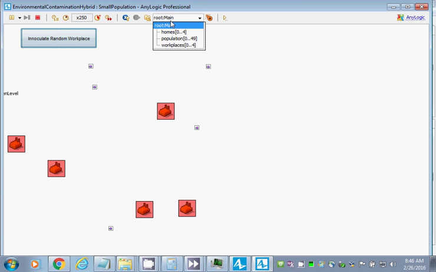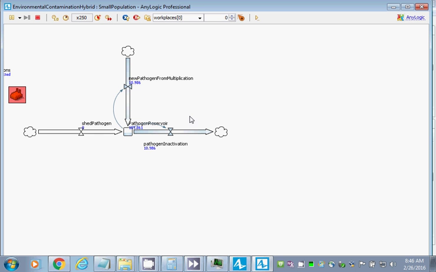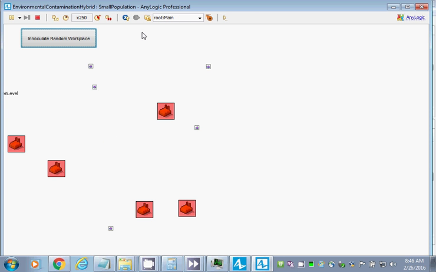And we could use different rates of pathogen multiplication within a facility or at a certain location, as might be governed by environmental conditions like humidity and temperature, to shape the evolution of these pathogen reservoirs at different locations. This model had a rather coarse-grained representation of this, in the sense that we have pathogen reservoirs that were rather large in scope, say for an entire workplace or an entire home.